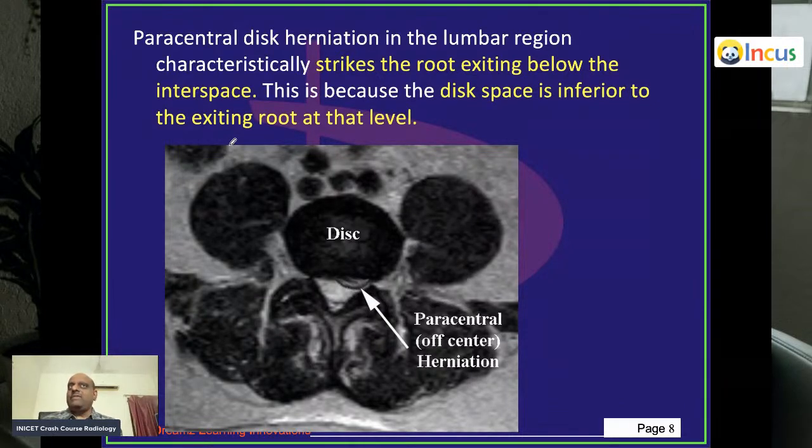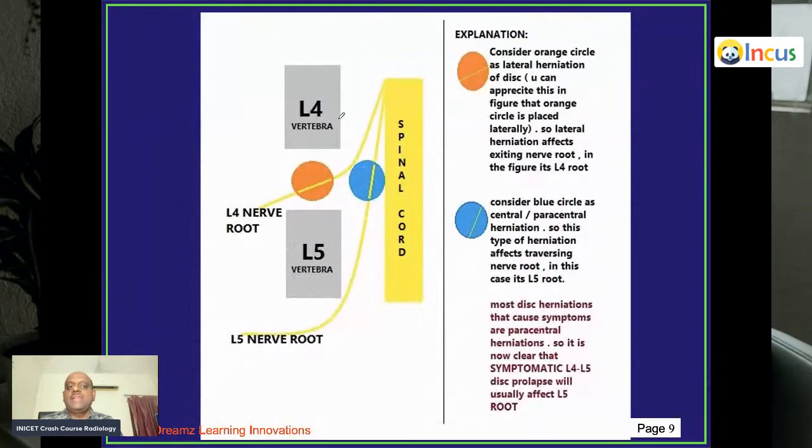So, whenever there is any paracentral disc herniation in the lumbar area, it typically strikes the root which is exiting below the interspace. That is, the disc space is inferior to the exiting root at that level, is what you need to remember. For example, L4 vertebra, L5 vertebra.